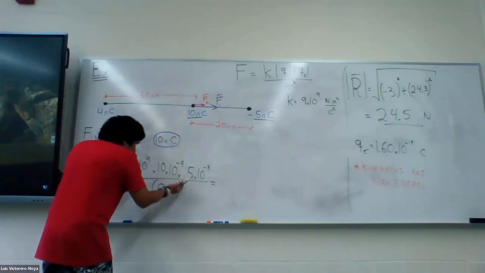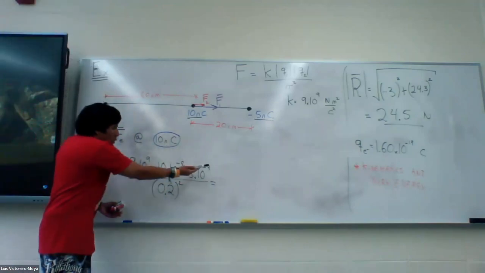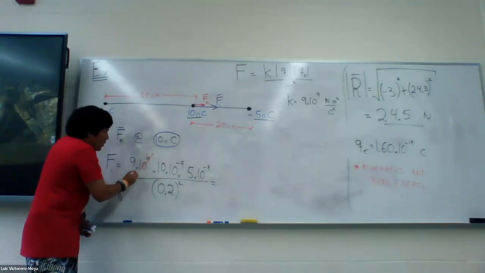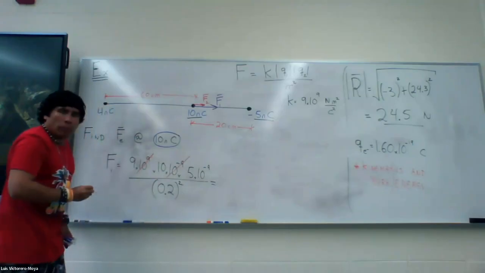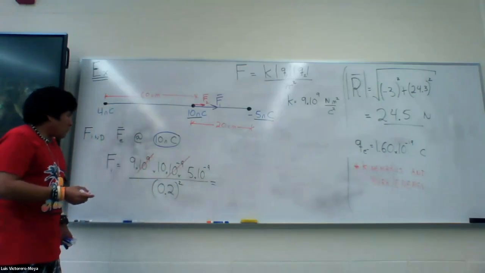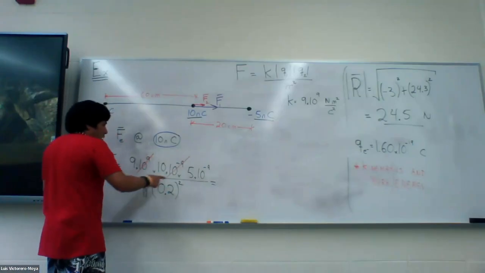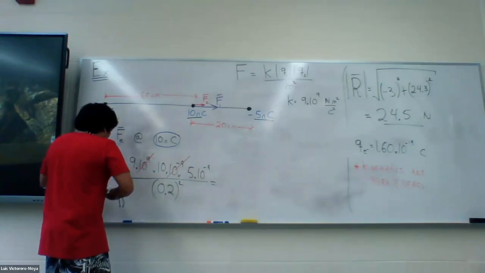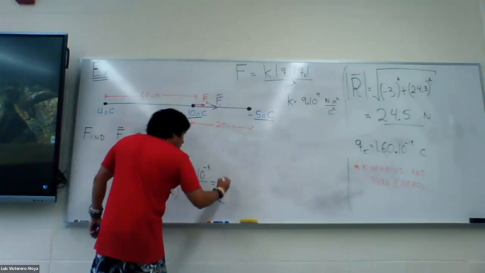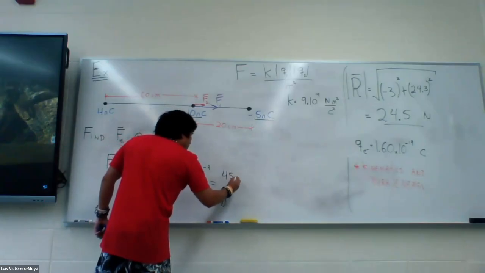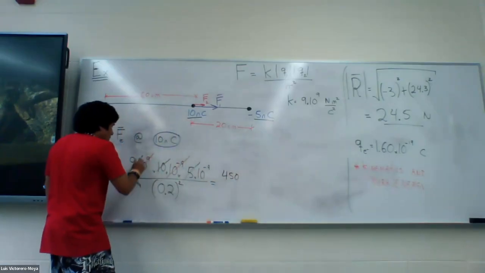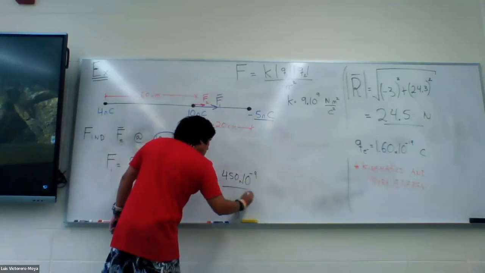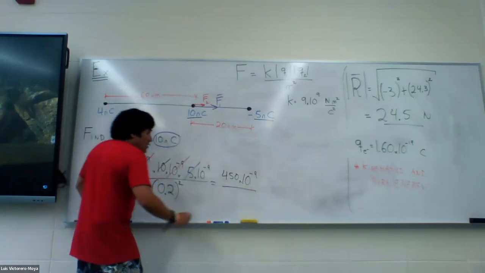See the equation there? So this is what I was talking about. You have powers of 10. Well, 10 to the 9 with 10 to the negative 9 can be dropped by law of exponents. So 5 times 10 is 50, times 9 is 450. So that will give me 450 times 10 to the negative 9 over 0.2 squared, which is 0.04.